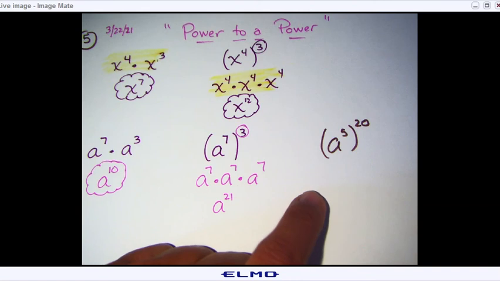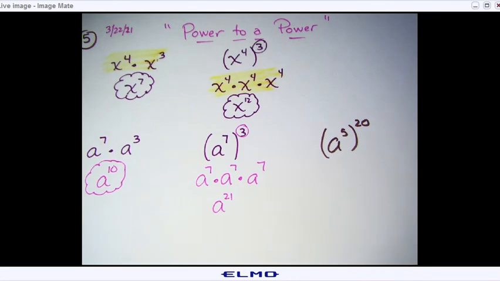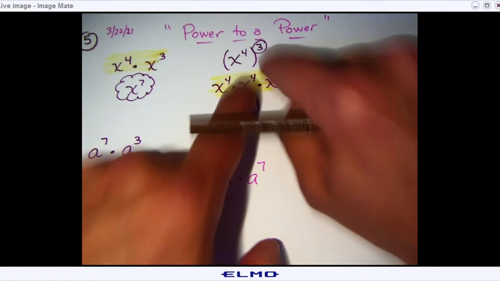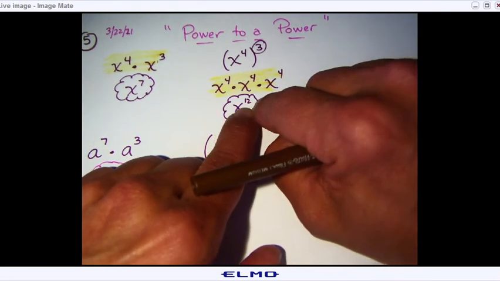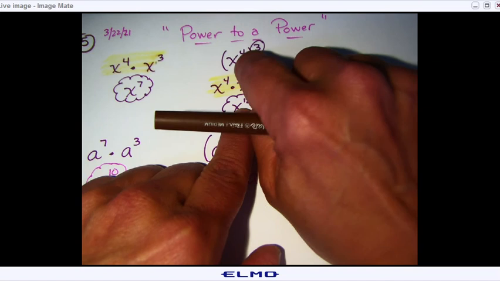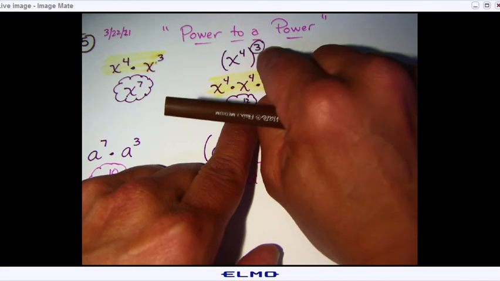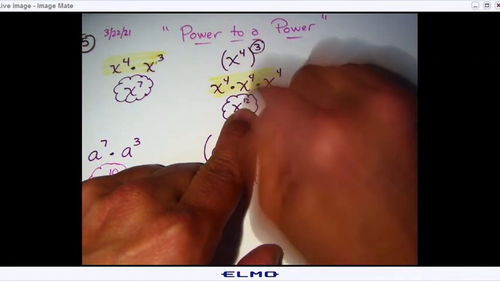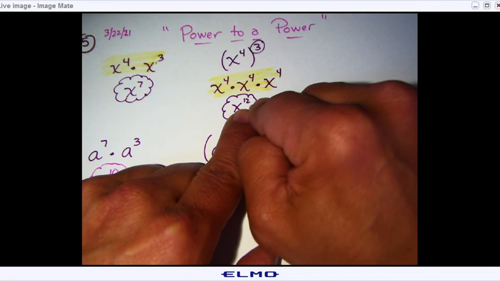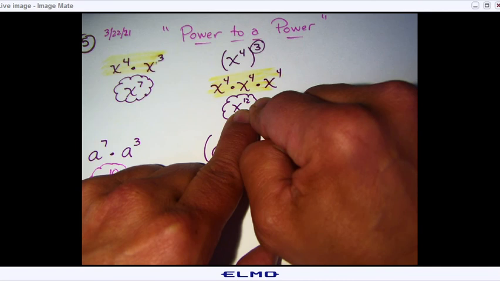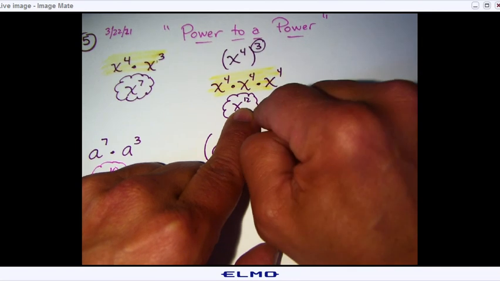Do I have to write out 8 to the 5th that many times? Mister, so what's the rule? Well, let's see. How do I get 12? If I have x to the power 4 raised to the third, how do I get 12? Do I add, multiply, divide? Wait, mister. 4 times 3 is 12.